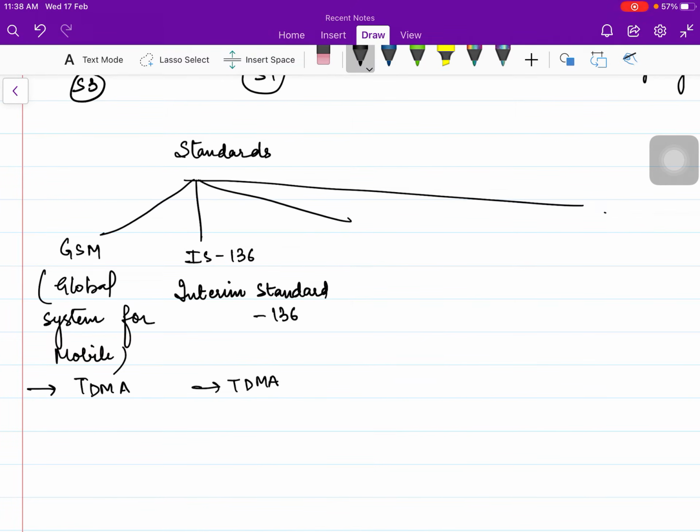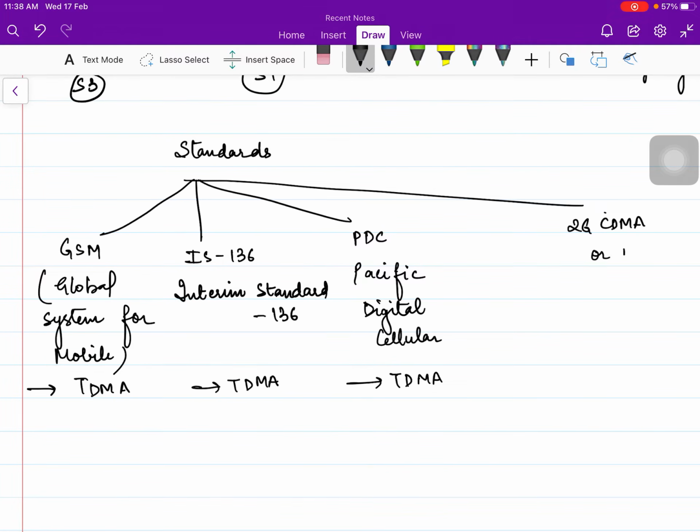Then the third one is PDC, that is Pacific Digital Cellular, again based on TDMA, and there was only one standard which was based on CDMA. It was named 2G CDMA, so it was named by the name CDMA itself, or Interim Standard 95.